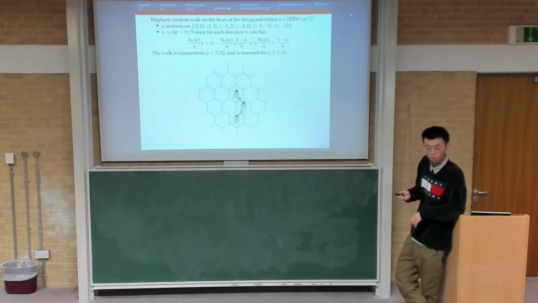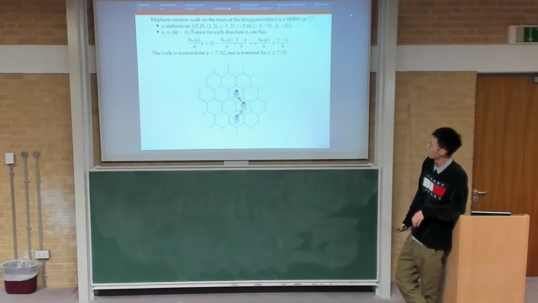Okay, any questions so far before I talk a little bit about the proof? You phrase the general result then for the type of lattice and it depends on the constants of the lattice, or did you just do that case? So basically, until now, most of the research on the elephant random walk has focused on Z^d. Yes, this is for the hexagonal lattice, an easy way to generalize this.